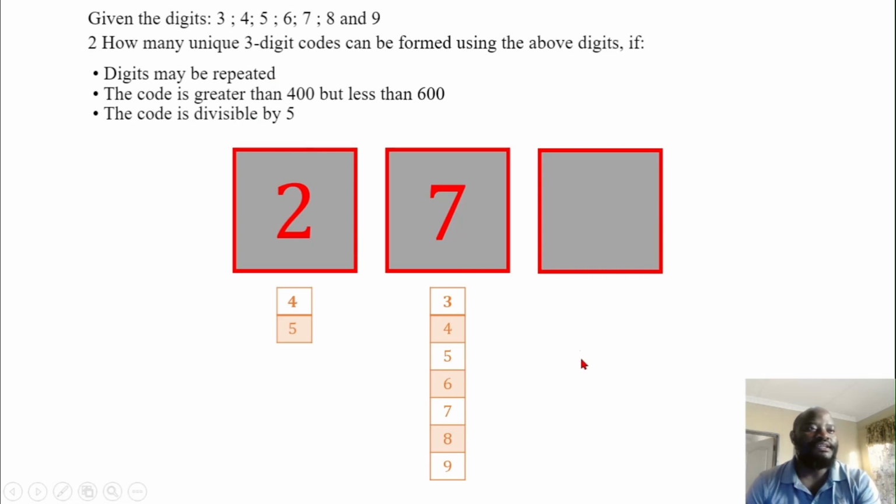Then in the last position, only a 5 is allowed here because we need this whole number to be divisible by 5. And we know that a number is only divisible by 5 if it ends with a 0 or a 5. But we don't have a 0 here to use. So that means 5 is the only option we have. So that means we have only one option here. Then we multiply those and they give us 14. And that's the end of that question.